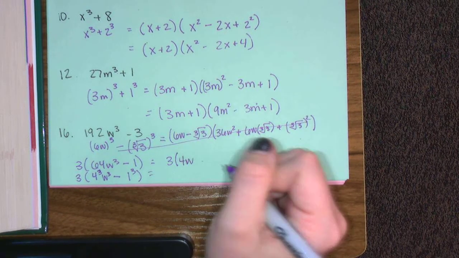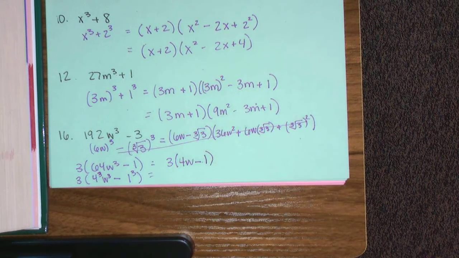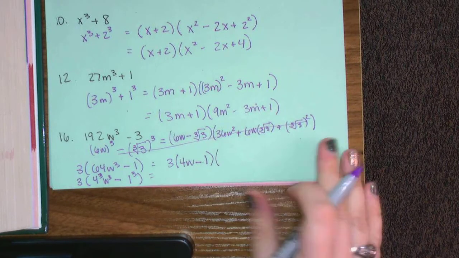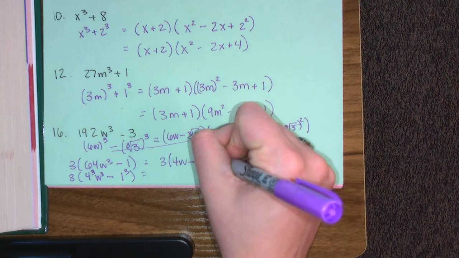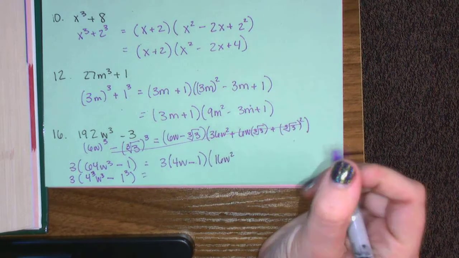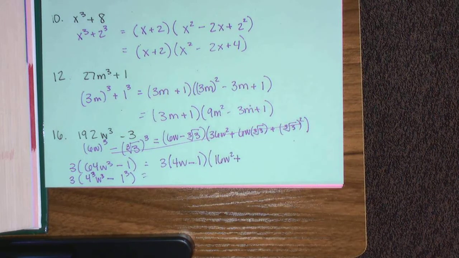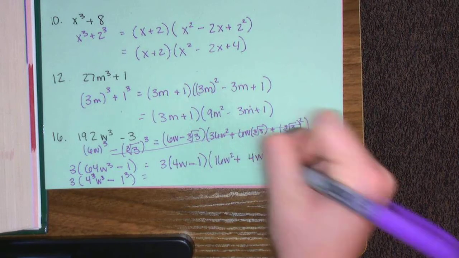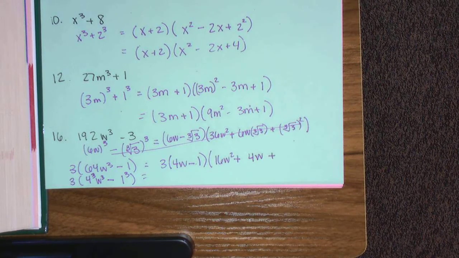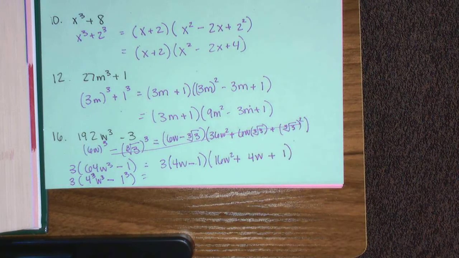Same sign first, so 4w minus 1. Then 16w squared, then I heard opposite sign, so that means it's going to be positive. I heard always positive, so that's positive, and then the last thing. And now I'm done.